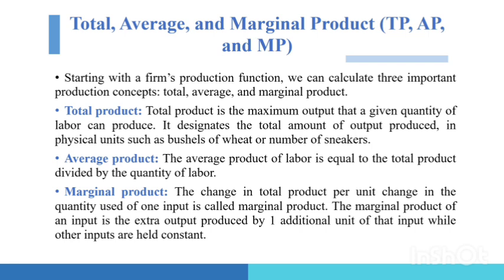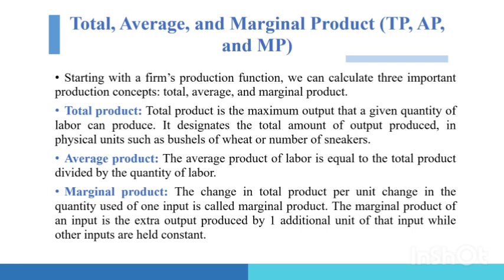Now, total, average and marginal product. So what is total product? The total product refers to the total quantity of goods produced by a firm during a given period of time with a given number of units. For example, if 5 laborers produce 6 kg of wheat each, the total product is 30 kg. Then average product.